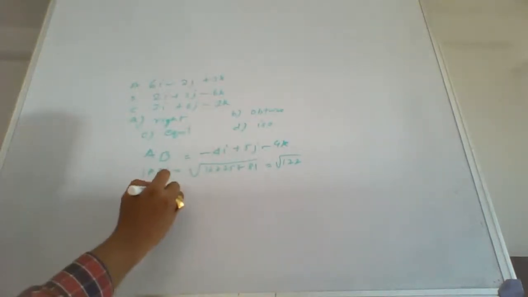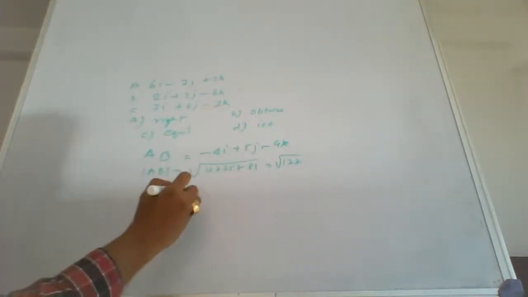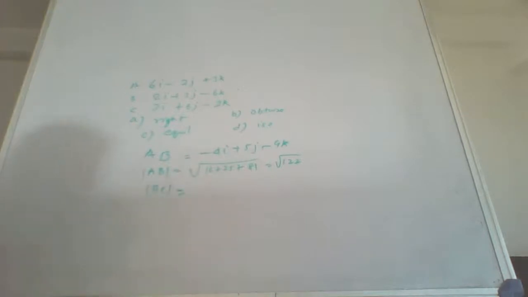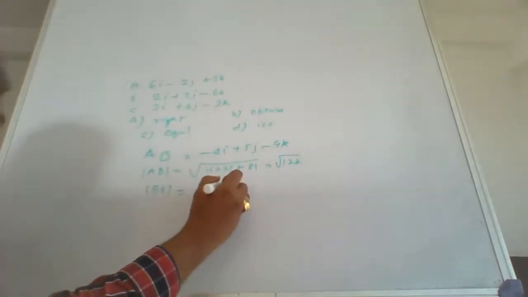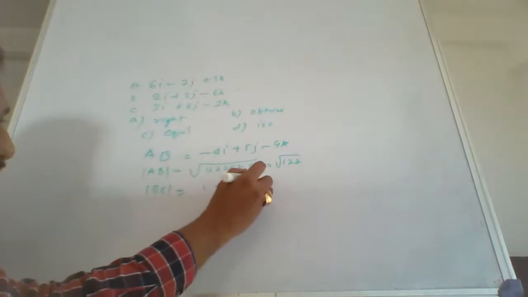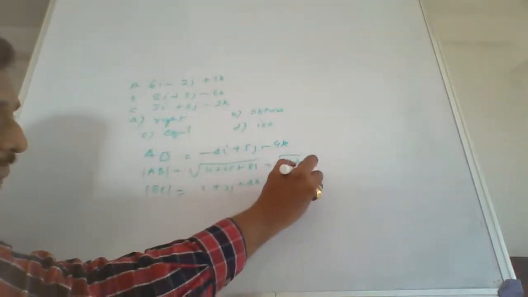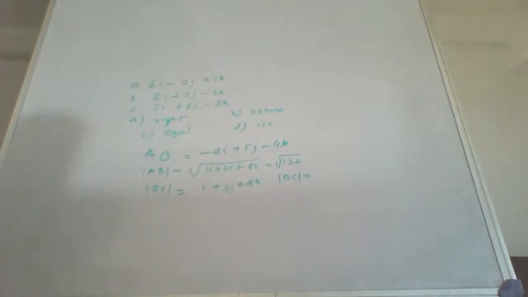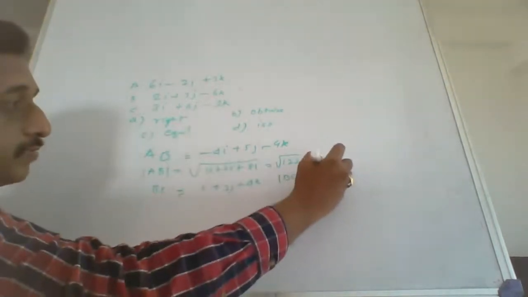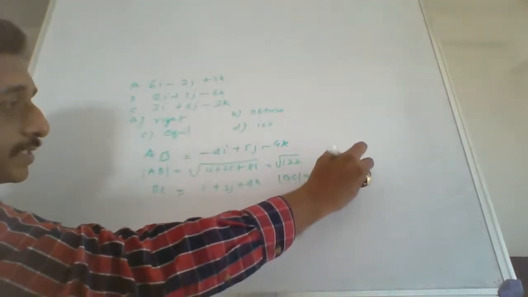Let us find another vector, BC. This would be the position vector of C minus the position vector of B. So I get i plus 3j plus 4k, and mod of BC would be the square root of 1 plus 9 plus 16.